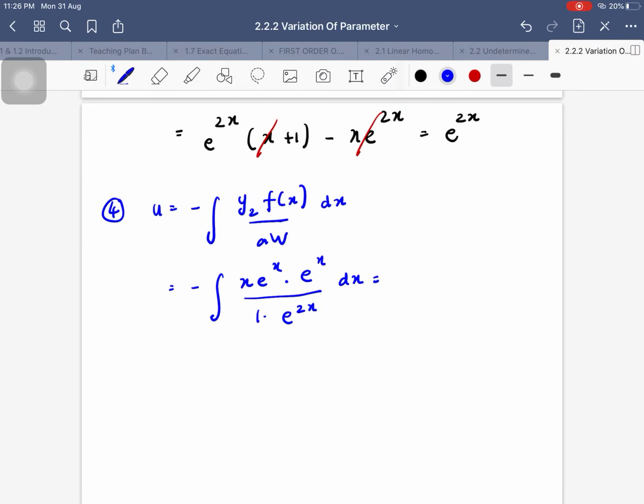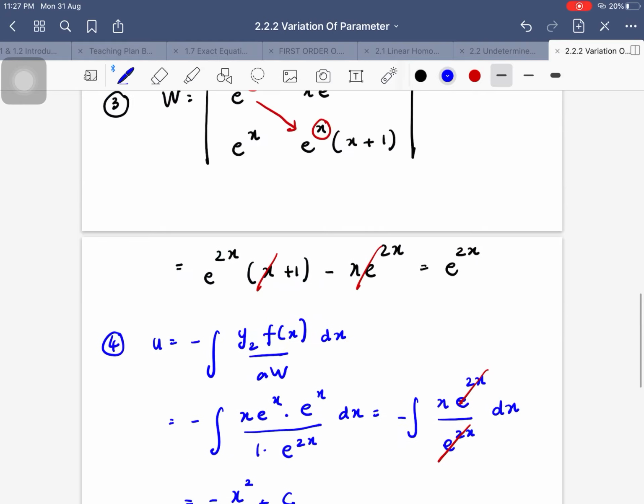I'm going to end up with negative integration of x, at the top exponential of x, at the bottom exponential of x dx. And this is going to cancel. And I will end up with negative integration of x, which is negative of x squared over 2 plus c. So that will be the outcome. So that is going to be my u function.